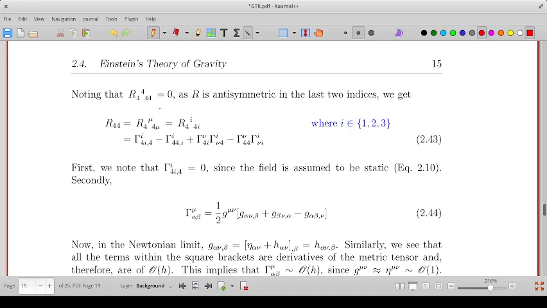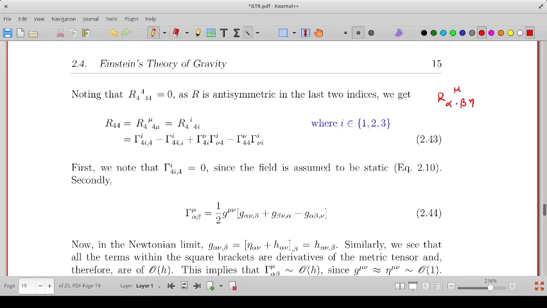Now R44 is defined via this equation, which is R4 mu 4 mu. But now we also note that R alpha mu beta eta is antisymmetric under these two indices.